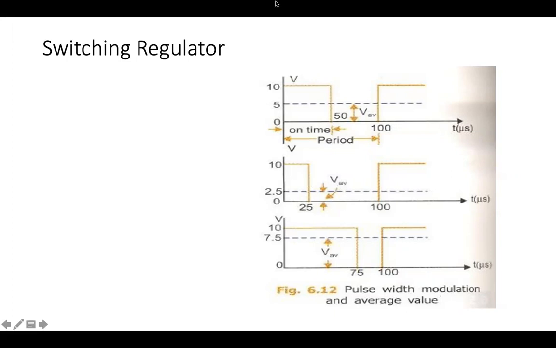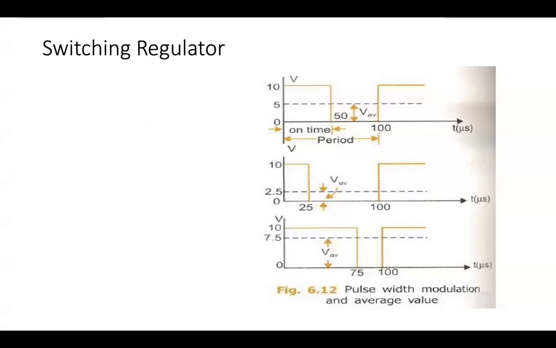So this is an important concept with regards to pulse width modulation. This is the importance of using pulse width modulation. Based on the on and off time, we can change the level of voltages that it can reach.